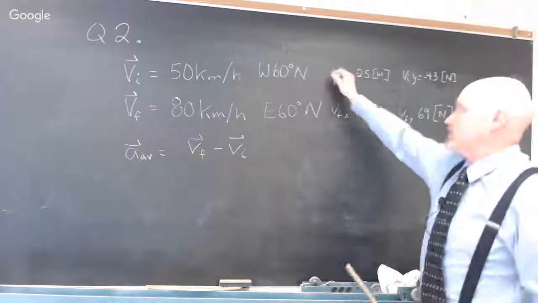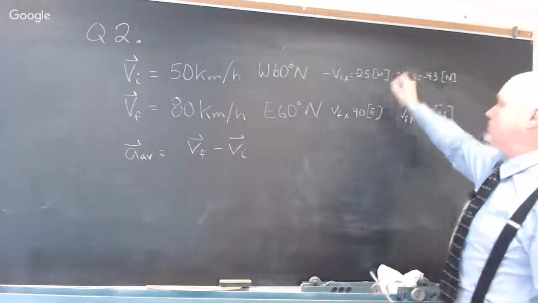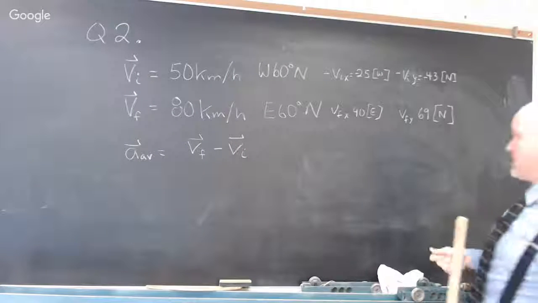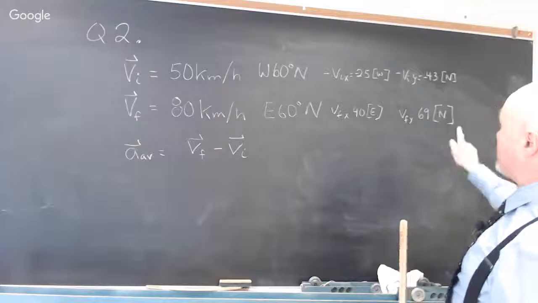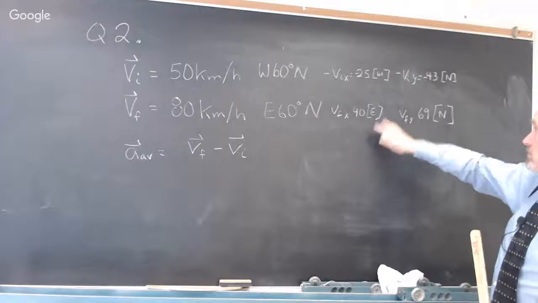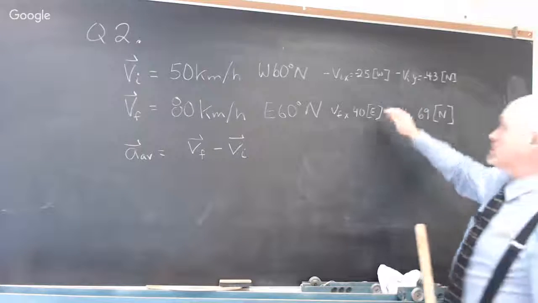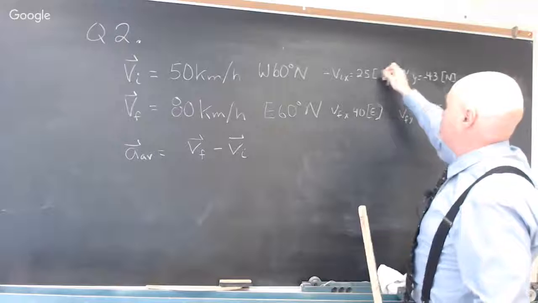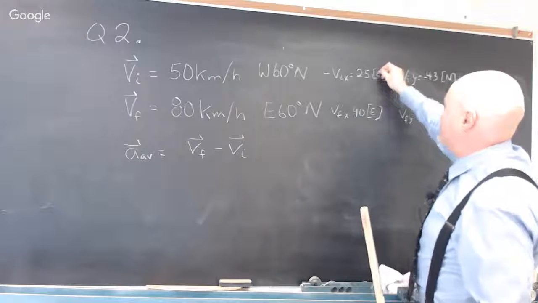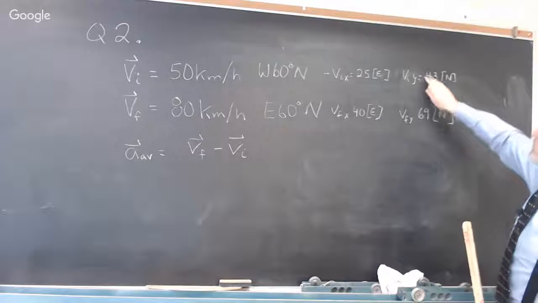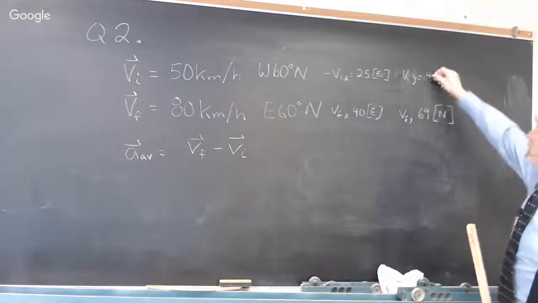Now I turned these negative, right? That's what I did. I've already turned them negative, and I didn't write my negatives there, so that's a bad thing. Okay, so basically what we have to do now is just add these together. So I'm going to turn this from negative 25 west to positive 25 east. I'm going to turn this from negative 43 north to positive 43 north.